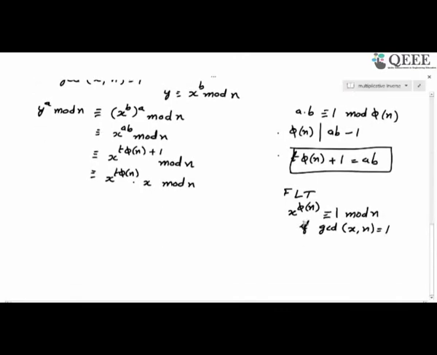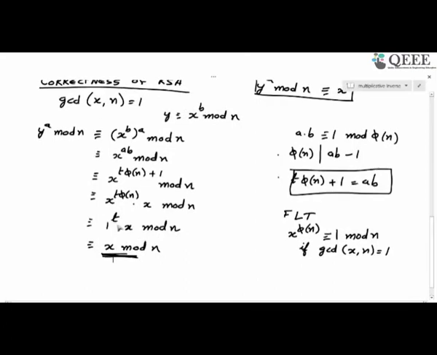So from here we get that this is congruent to 1 to the power of t into x mod n, and this is nothing but x mod n. So you see that if you take the ciphertext y and raise it to the power of a mod n, where a is the private key, you will eventually get back the original message x. That is under the assumption that the GCD of x comma n is equal to 1, that is, x and n are coprime to each other.